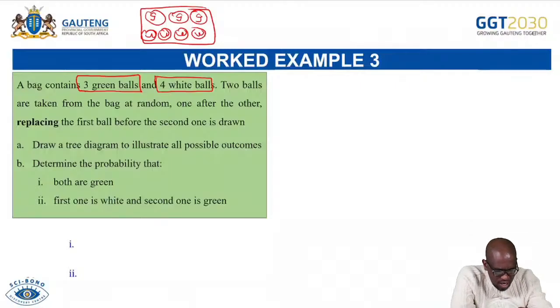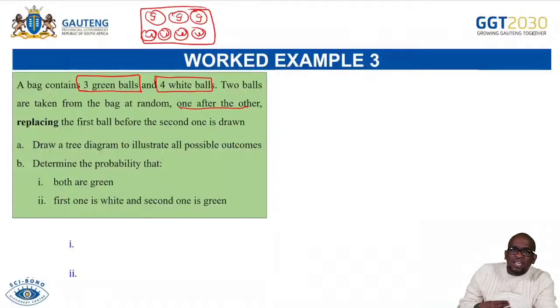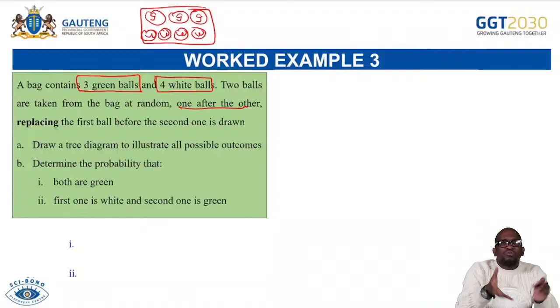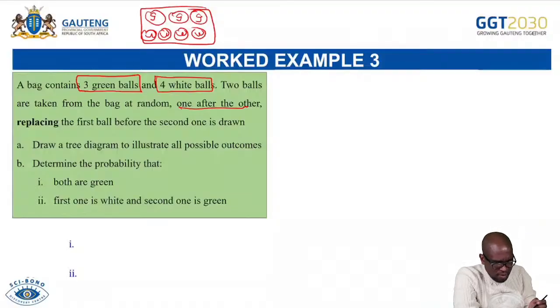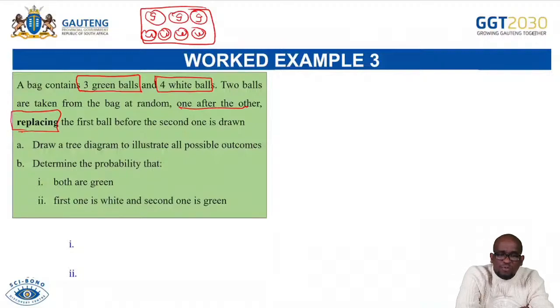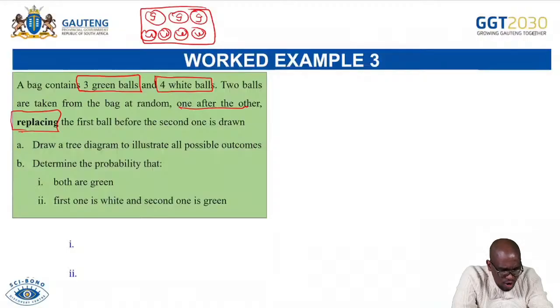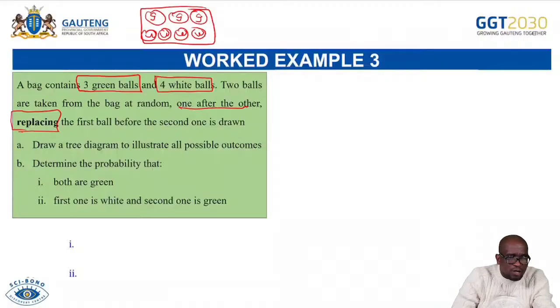Two balls are taken at random from the bag, one after the other. That's what happens in tree diagrams. When an experiment is carried out, the other one is carried out after the first one. You don't do everything at the same time. Replacing, this is important, the first ball before the second one is drawn. So there is replacement. Draw a tree diagram listing all possible outcomes.